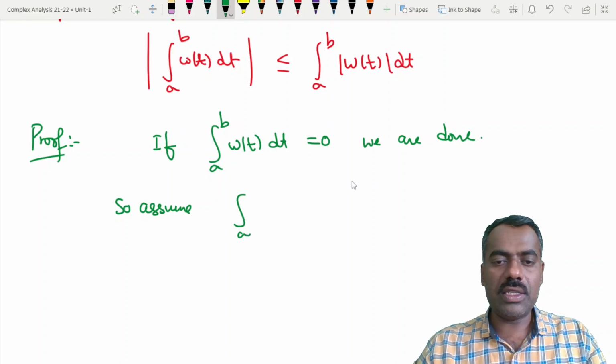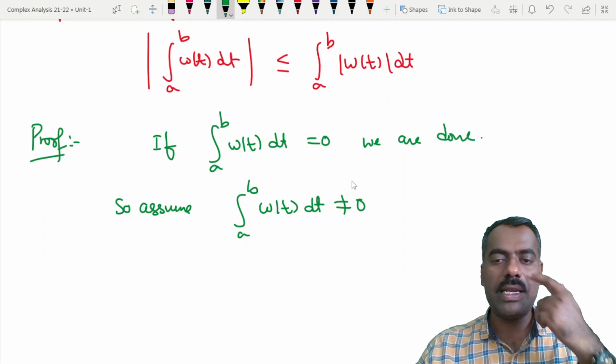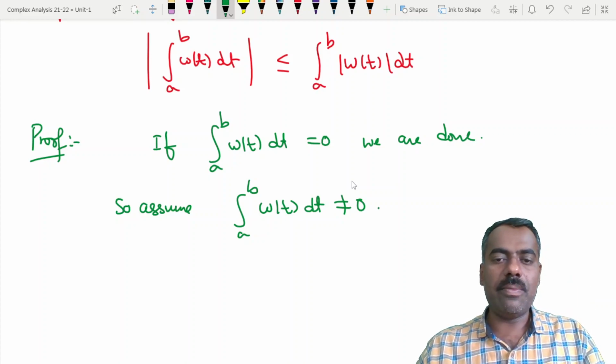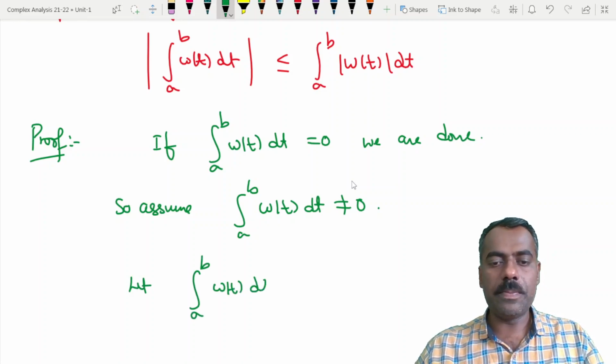So assume that the integration from a to b of W of t dt is a non-zero complex number. Because it is a non-zero complex number, we can represent this in polar form. So let this integration from a to b of W of t dt be r naught e power i theta.